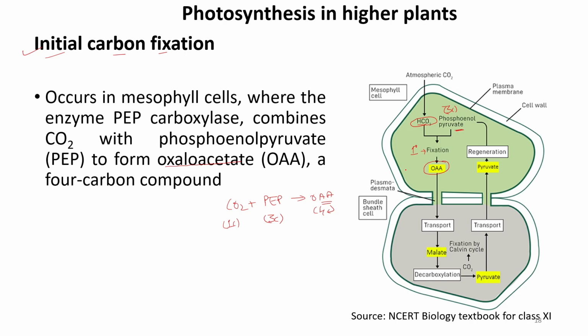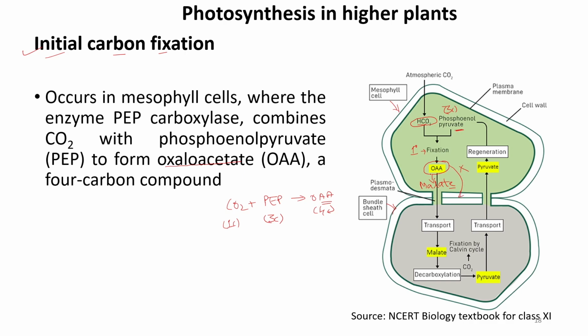Now this oxaloacetate is further converted into what? Malate. It is converted into malate in the mesophyll cells. So these are mesophyll cells, and then these are the bundle sheath cells. Oxaloacetic acid cannot directly enter the bundle sheath cells.